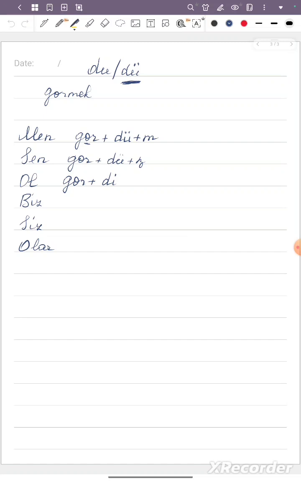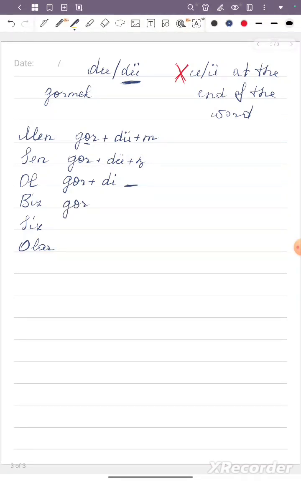Because the two vowels u and ü we cannot write at the end of a word. That's why we add u. Ol gördü. No personal suffix.